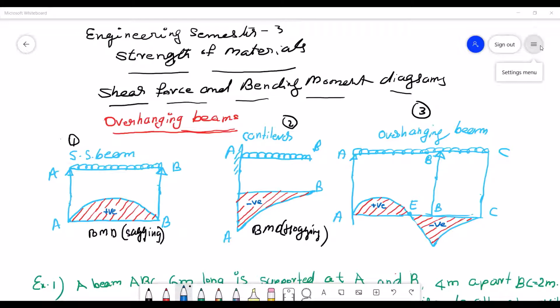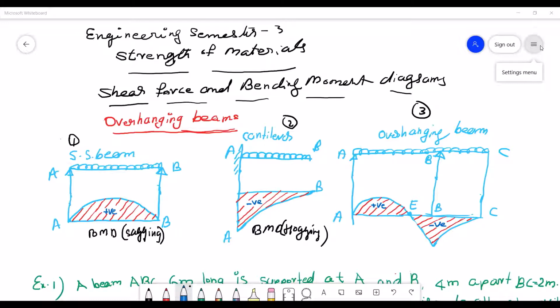In other words, we can say the bending moment diagram of a simply supported beam is of a sagging nature and the bending moment diagram of a cantilever beam is of a hogging nature. And what is meant by an overhanging beam is shown in the third picture.